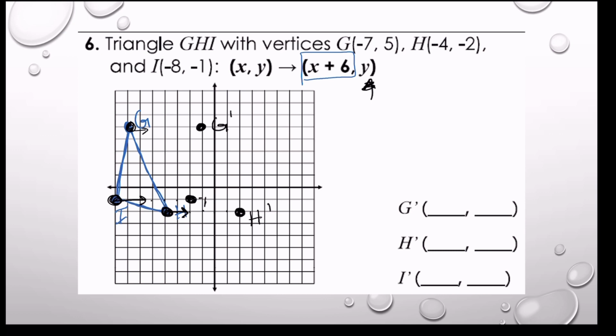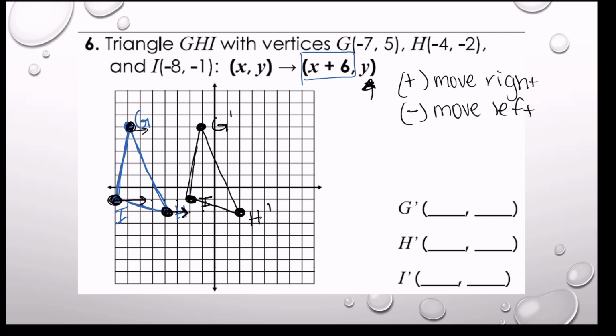How do I know to go right? Remember what we said. A plus means right, a minus means left. So you need to write that in again. A plus means move right. A minus, move left.